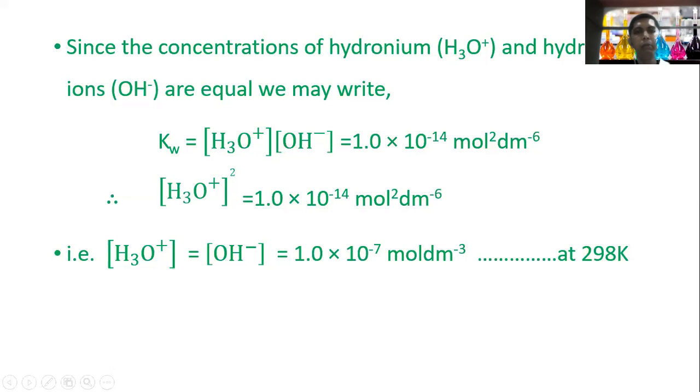So always remember that pure distilled water at 298 Kelvin, that means 25 degrees Celsius, has hydronium ions and hydroxide ions in equal concentration, that is 1 into 10 raised to power minus 7 moles per dm cube. And the ionic product of water at 298 Kelvin is 1 into 10 raised to power minus 14 mole square dm raised to power minus 6. Remember its unit is also very important.